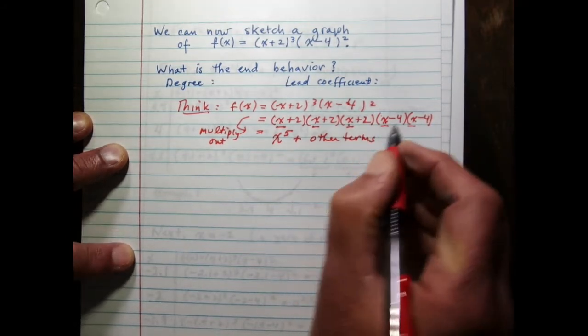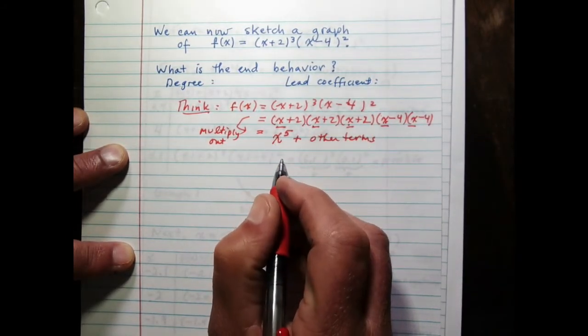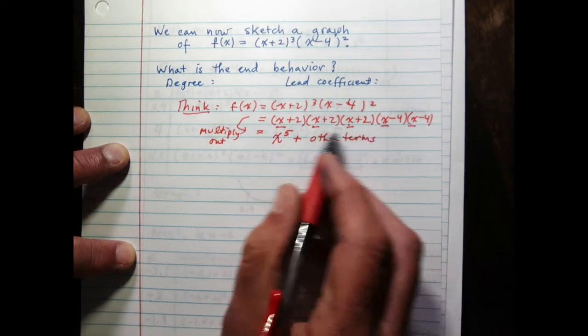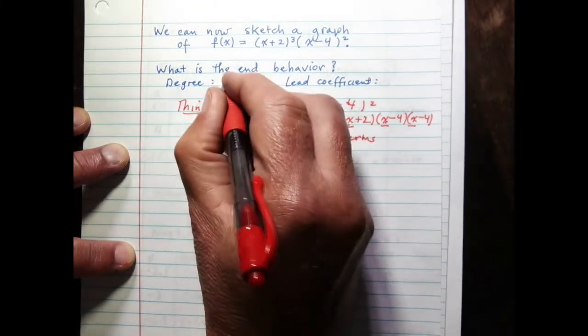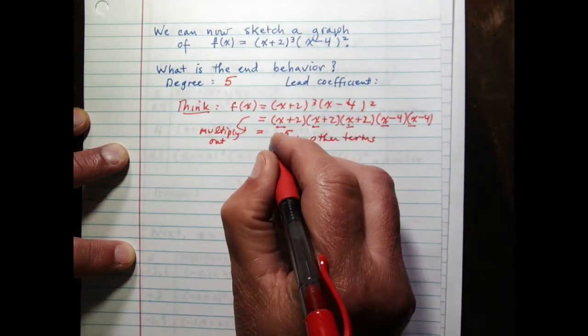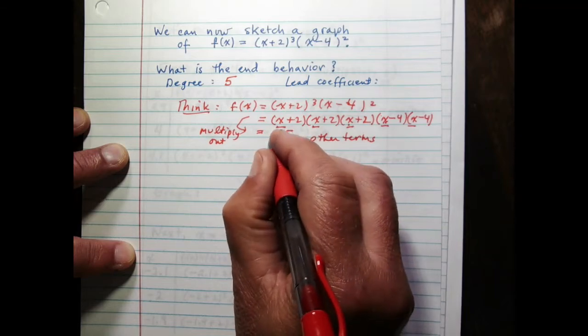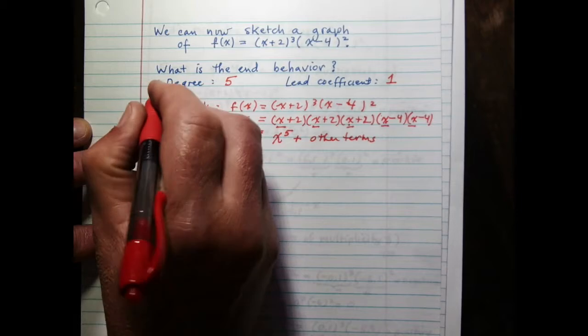And you can go ahead and start multiplying it out if you want to check on your own, even though it's a bit tedious after a while. And so the degree of this polynomial is 5. And the leading coefficient, since that's just x^5, is 1.